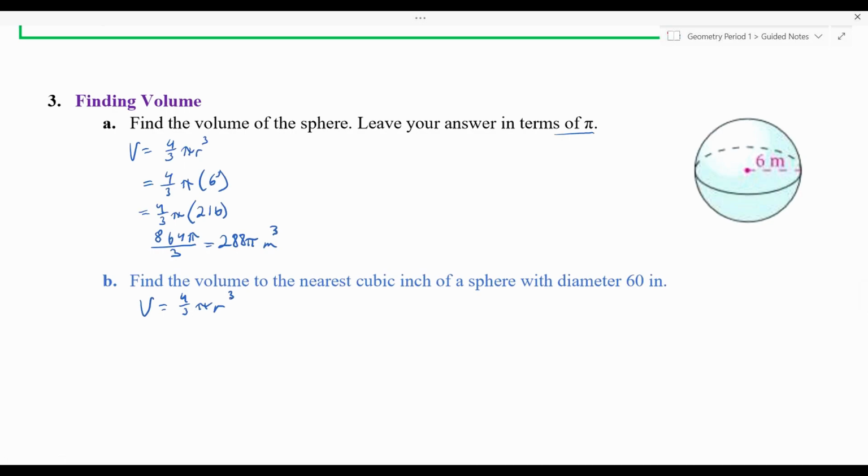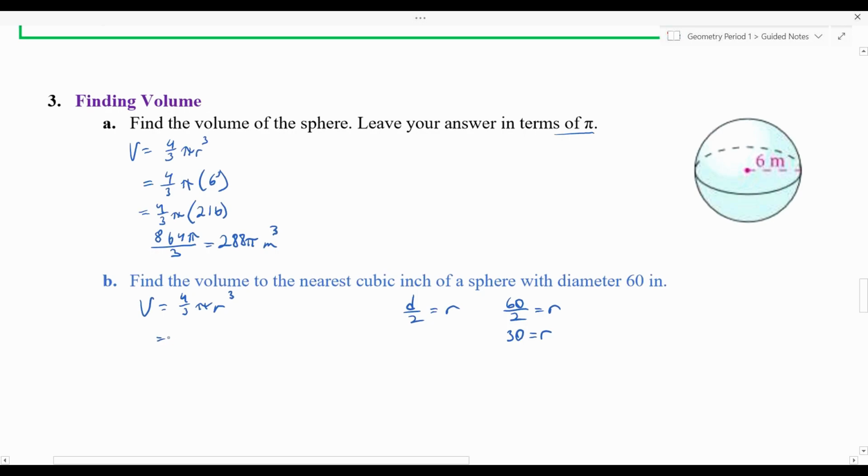They do not give us the radius, but they do give us the diameter. So we have the diameter divided by 2 equals the radius. The diameter is 60, so we have 60 divided by 2 equals r, so 60 divided by 2 is 30, so the radius is 30, so that's exactly what we're going to be using over here.